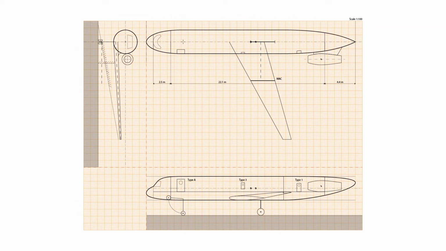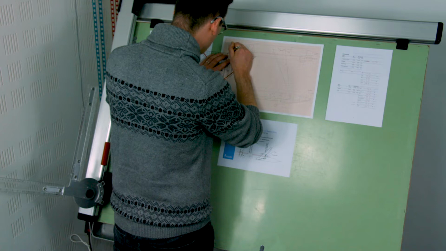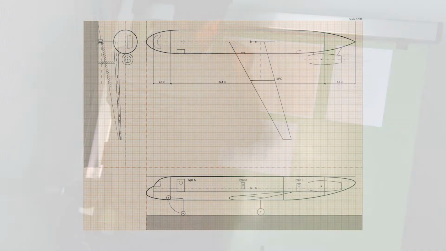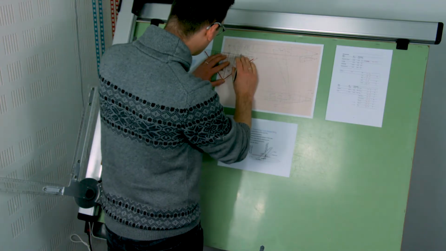That's a little bit conservative, but it's okay for now. So the bogey I draw as a square, and then the wheels I draw in as rectangles with the appropriate dimensions taken from the database of tires, right?